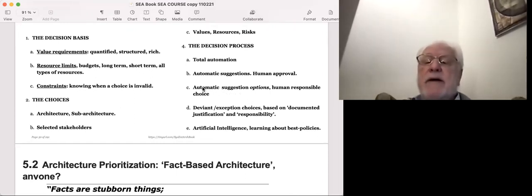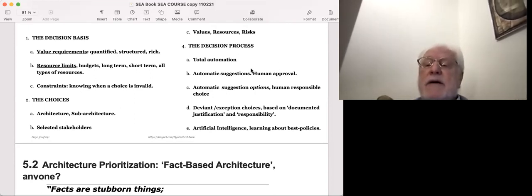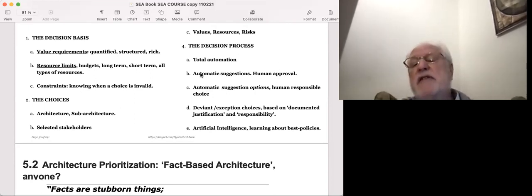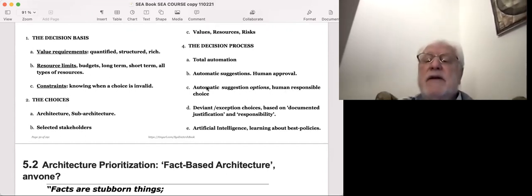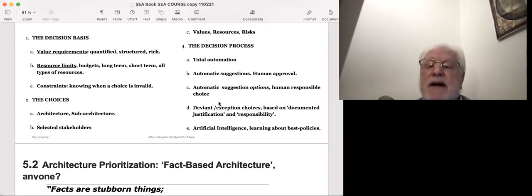Sorry, this one was the computer gives automatic suggestions, but humans have to approve them. Here is the fact that the computer gives options, but humans can make other choices, is the third option here.